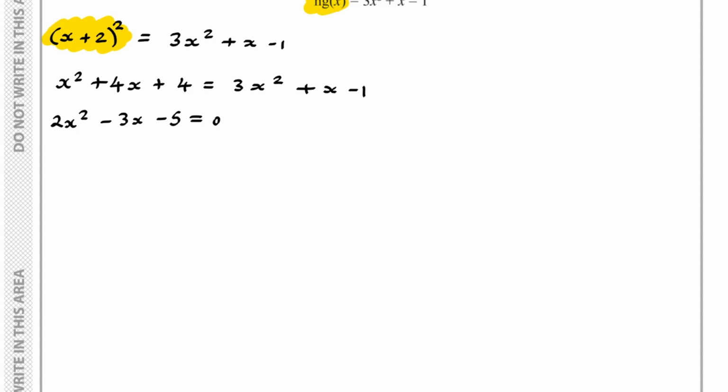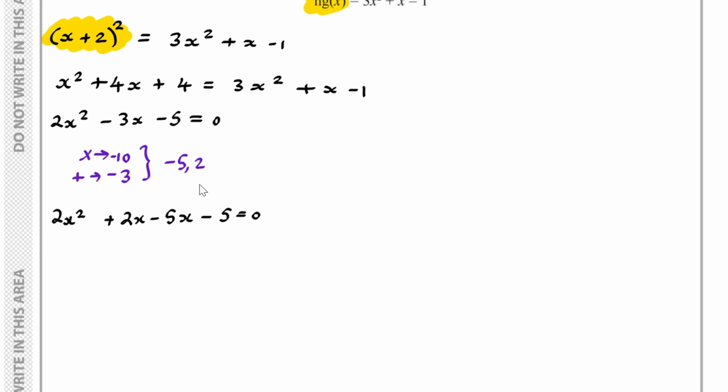And for us to solve this, we need to factorize. So we need two numbers which multiply to give 2 times minus 5, which is minus 10, and which add to give minus 3. You'd find those two numbers to be minus 5 and 2. So we have 2x squared plus 2x minus 5x minus 5 equals 0.